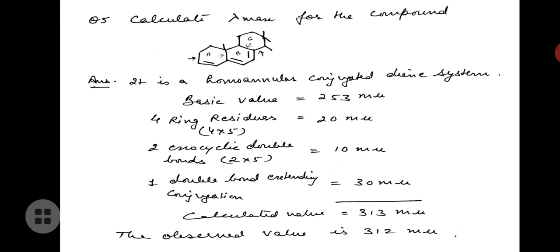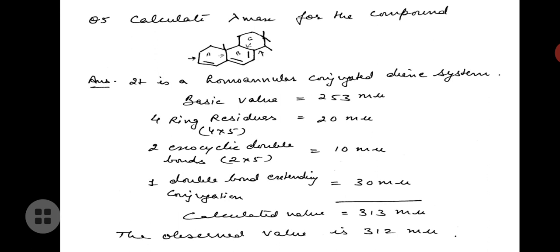Now see the exocyclic double bonds. You can see there are 2 exocyclic double bonds. One is the exocyclic double bond to ring C, and one more exocyclic double bond to ring A is there.